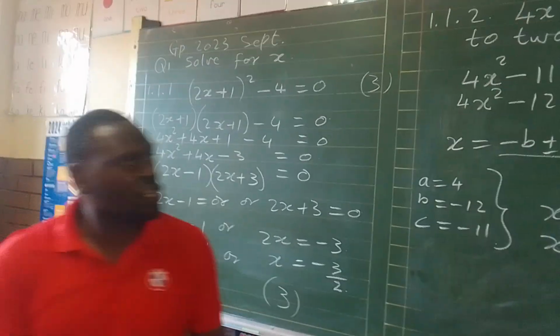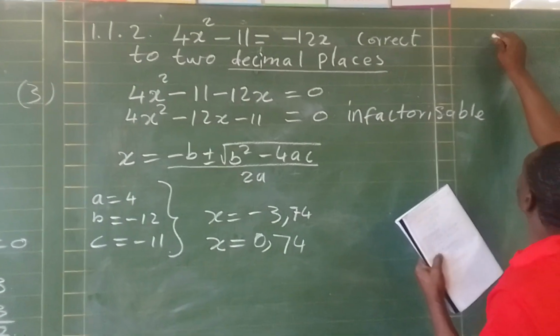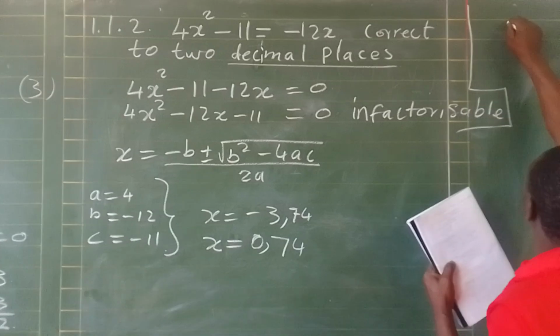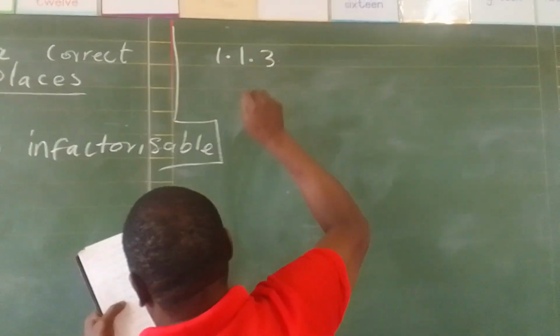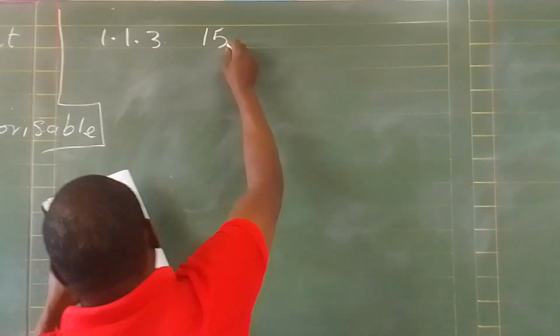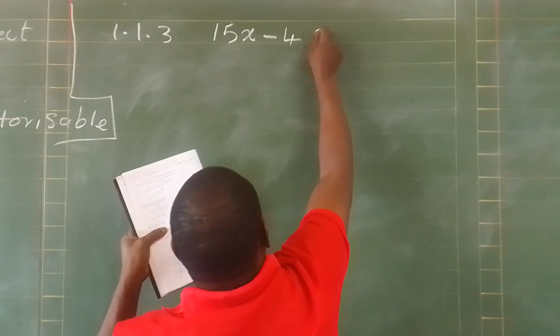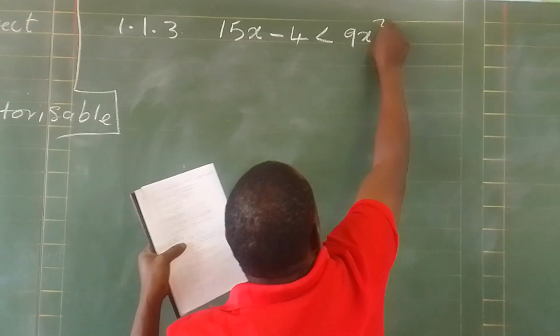Right, the next question that we are going to look at is 1.3. It's 15x minus 4 is less than 9x squared.